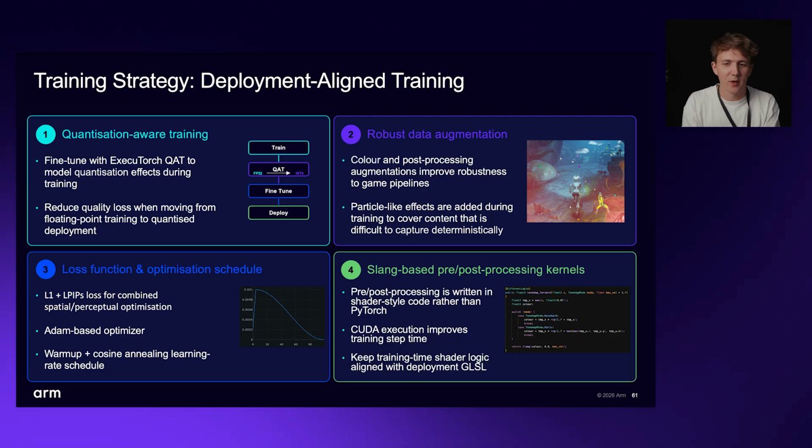We write our pre-processing and post-processing stages as shader-style Slang, and these compile down to CUDA, so we get good training speed up when doing so. The reason for this is that we keep training logic quite close to the GLSL that we use at deployment. We write our pre-processing and post-processing stages in a shader language, which keeps things much more aligned with what we're actually going to be deploying later down the line.